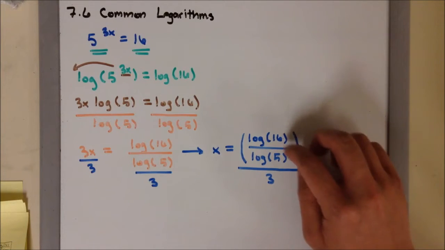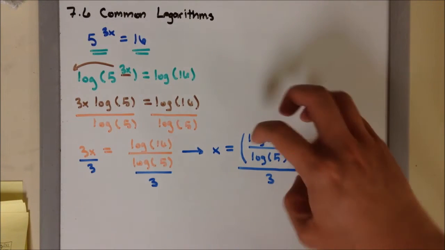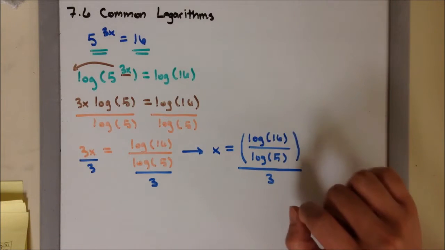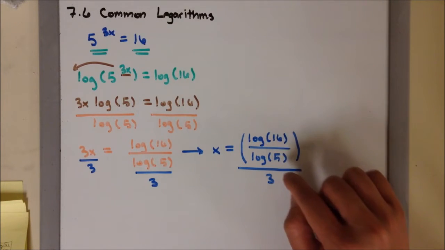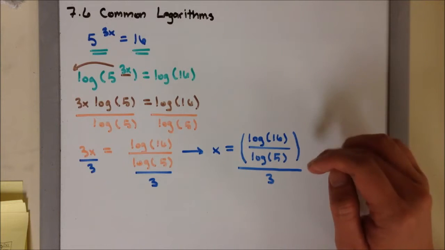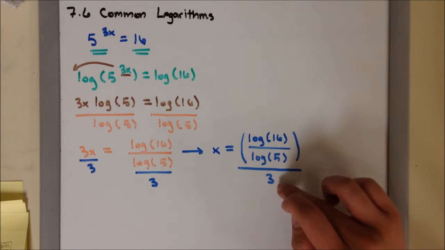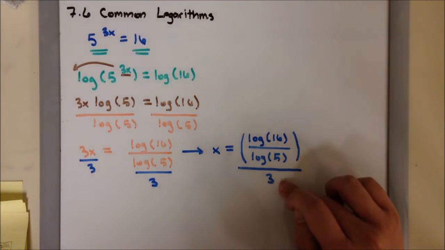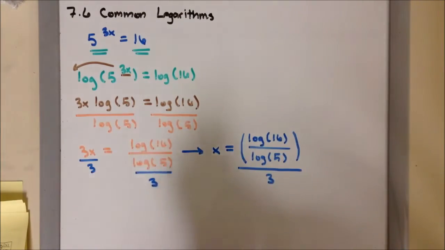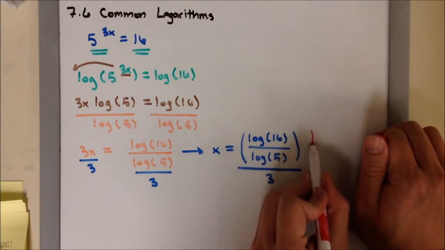Notice how I put the top part in parentheses to show that the log of 16 and the log of 5 are part of the numerator, and it's separated from the 3, where the 3 is the denominator. So this is where I would stop if I'm just simply solving for x without a calculator.